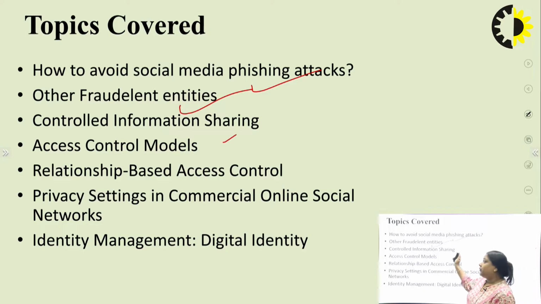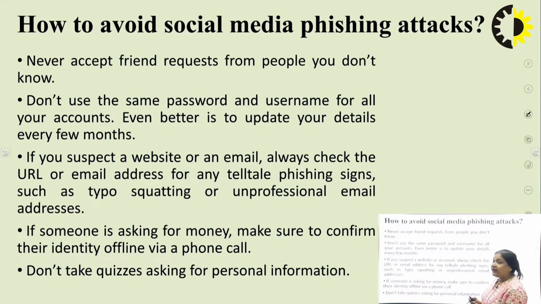So controlled information sharing. Next is access control models, and then relationship based access control, privacy settings in commercial online social networks, and identity management, that is digital identity. So let's start with how to avoid social media phishing attacks.